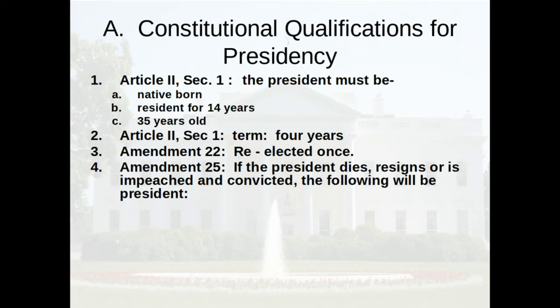And then, of course, the question is who takes over the presidency? I need to change any pictures in my presentations, of course, because this will be different now. But Amendment number 25 says that if the president, of course, leaves office in some way, then the vice president takes over.